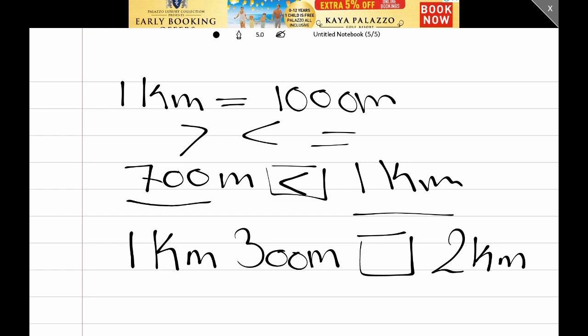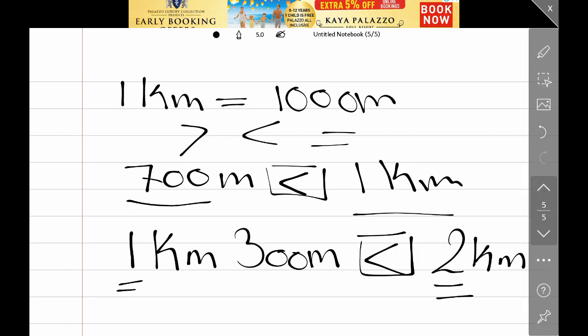It is for sure 2 kilometers. Why? Because here we have only 1 kilometer and here we have 2 kilometers. So we compare the bigger number first, and here it is this one, right? Okay.